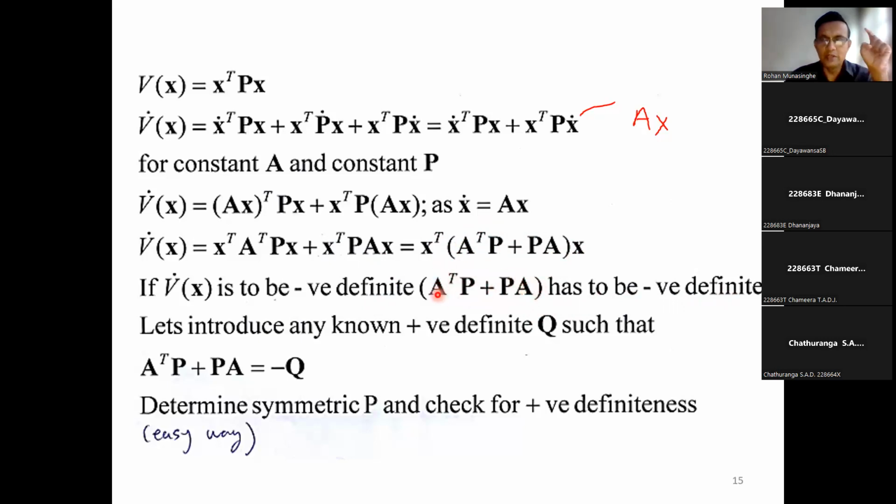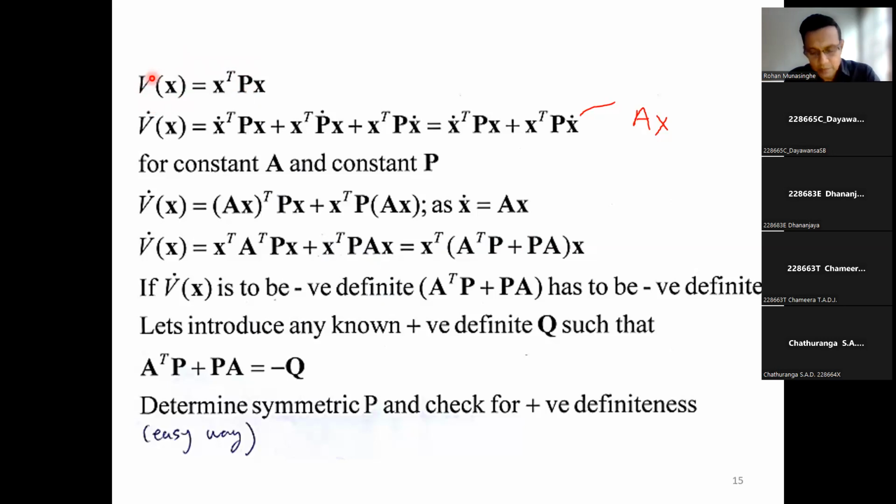A is the system matrix, P is the positive definite matrix that we propose. Okay, we propose. You can have any P right over here, right? Together with x, the state variables, it makes the scalar function V(x). You can propose it your way, but make sure it is a positive definite matrix, because otherwise V(x) is not positive definite.